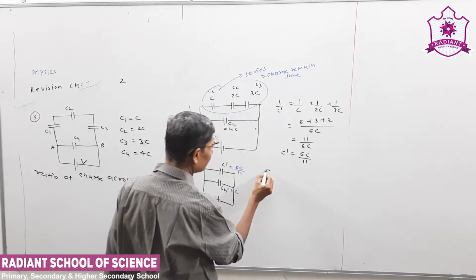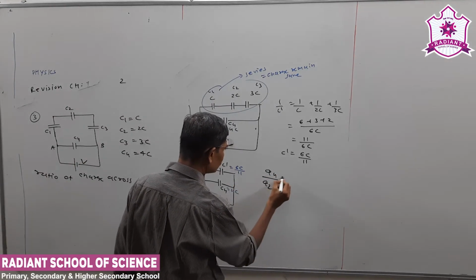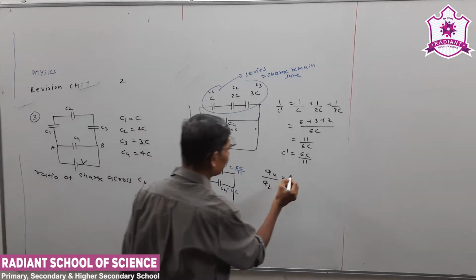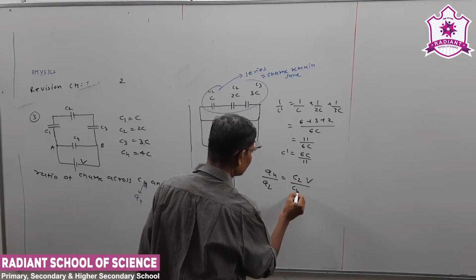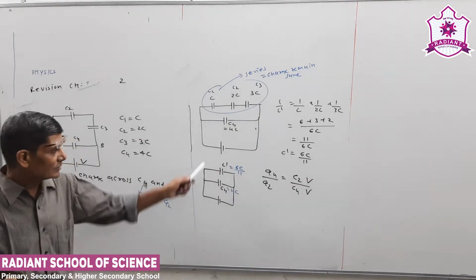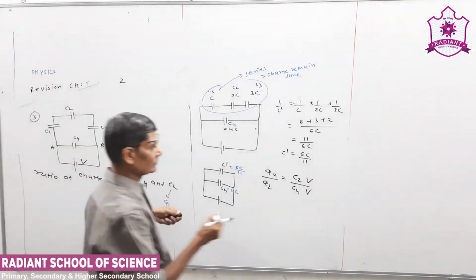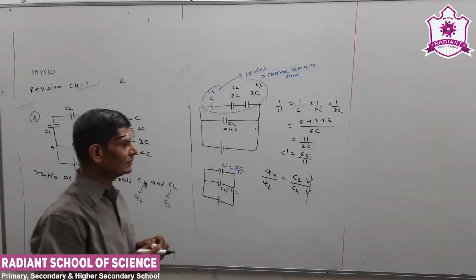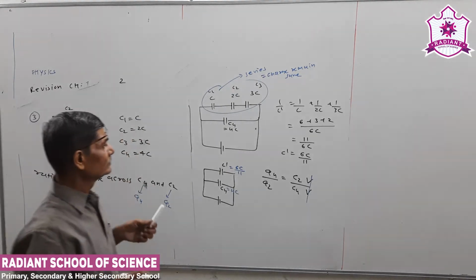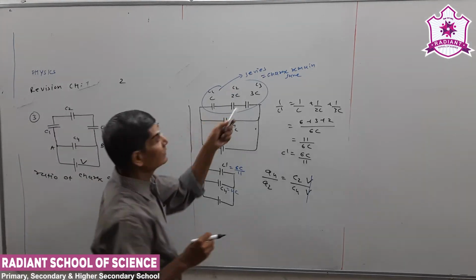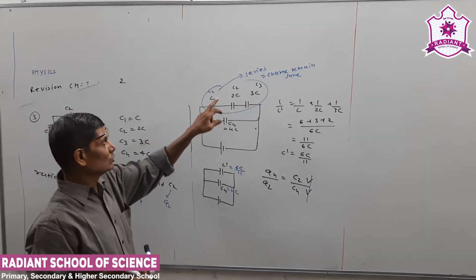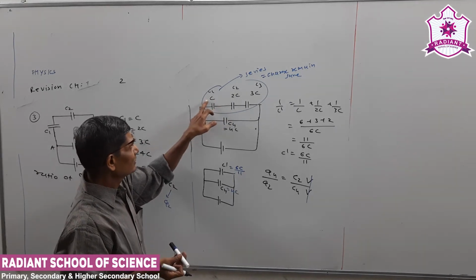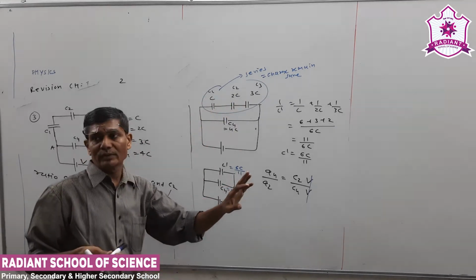Q4 upon Q2 is C4V upon C dash V, because in a parallel connection the voltage remains the same. Now C dash is the equivalent capacitance, and whatever charge is on C1, C2 or C3, it remains the same.